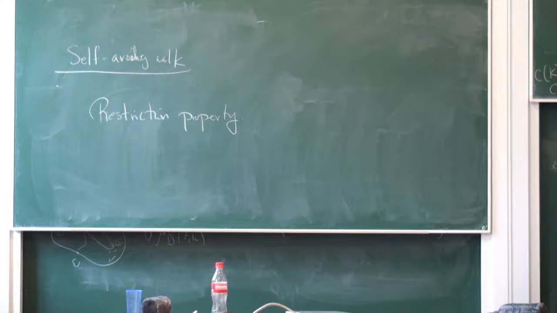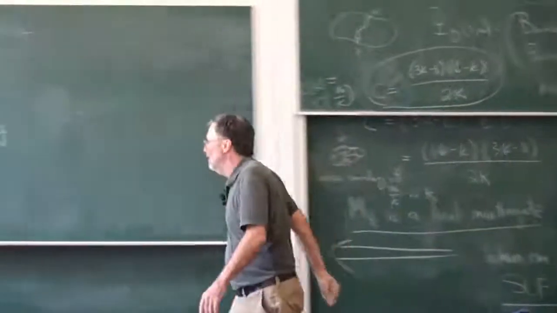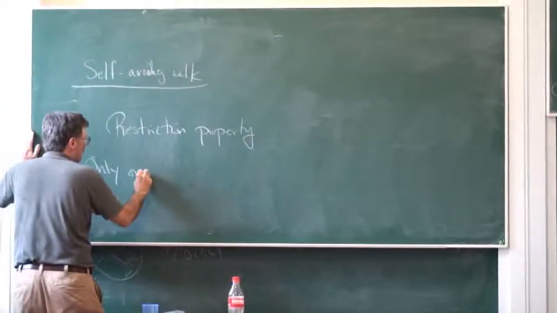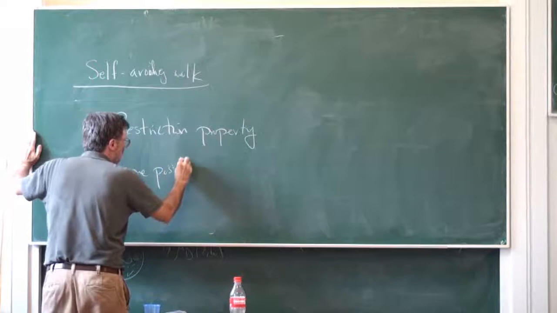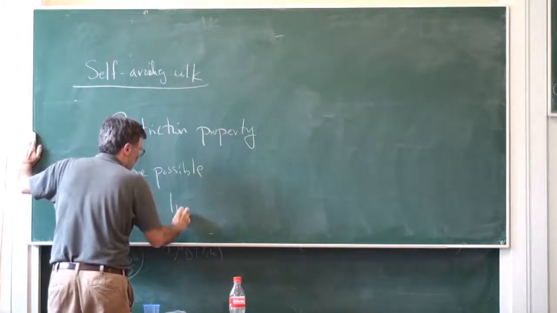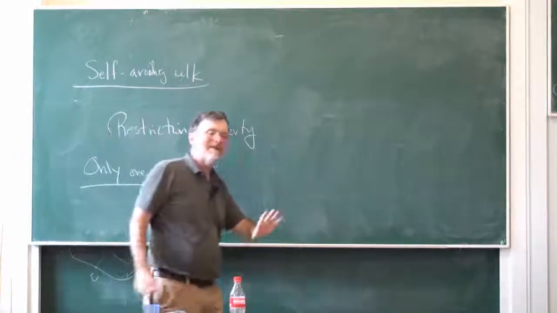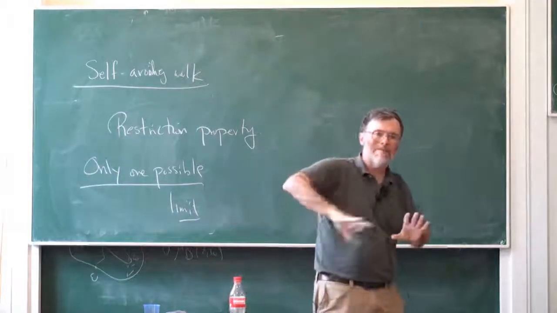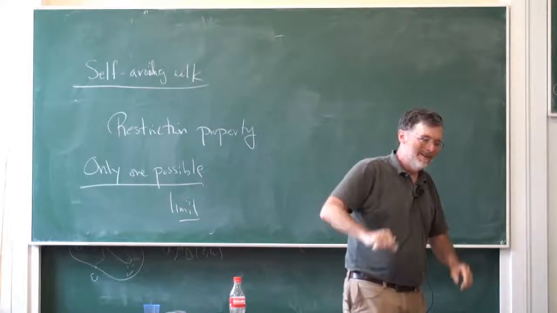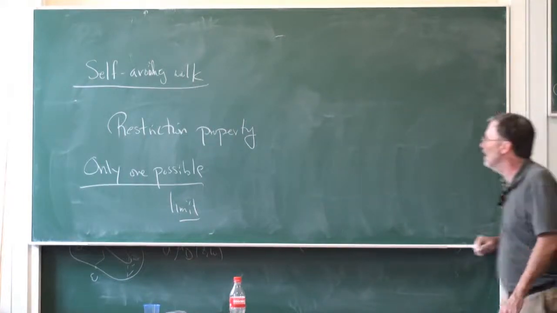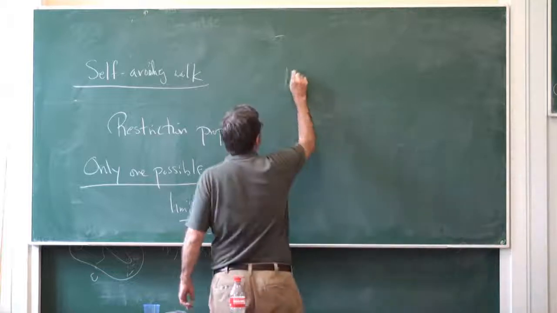What I've now shown is that there is only one possibility for the limit. Only one possible limit. Again, I should emphasize that means if it does have a limit with these properties, there's only one possibility. And if you check in here, it's kappa equals 8/3.